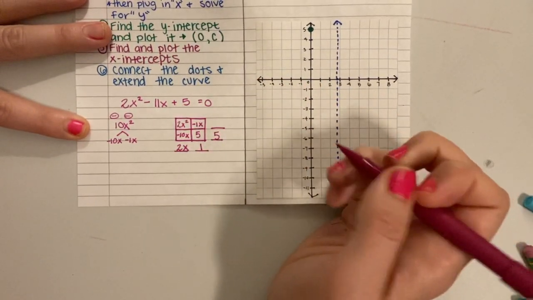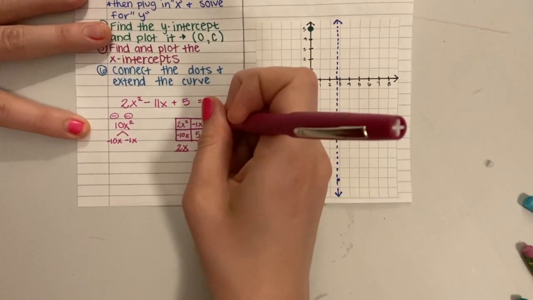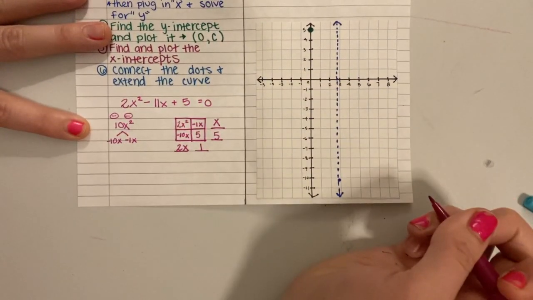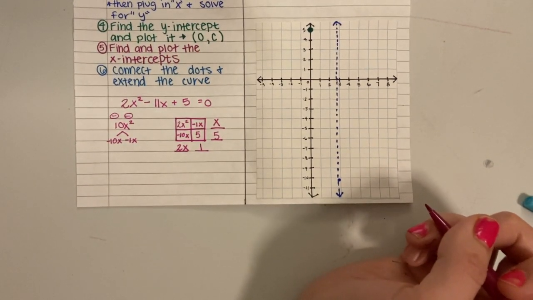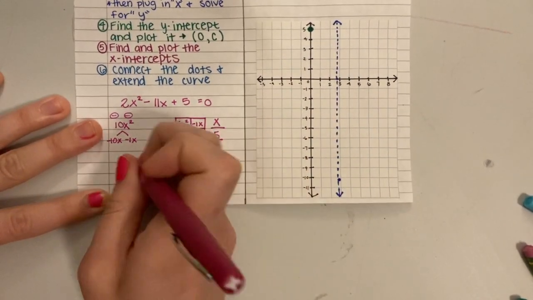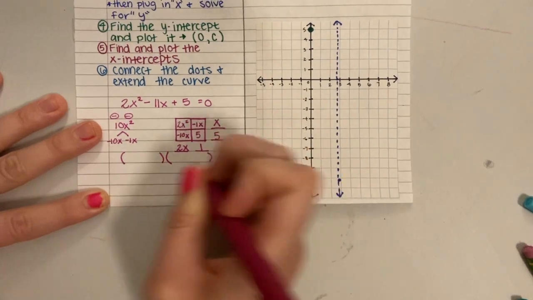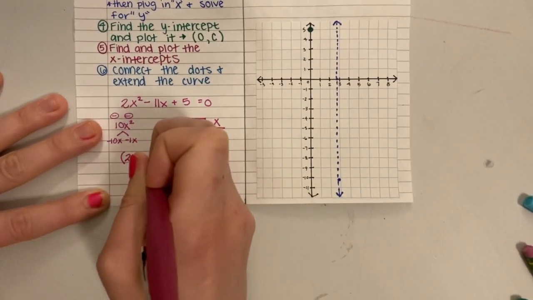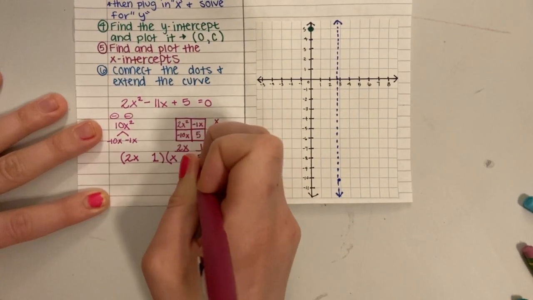And the GCF for 2x squared and negative 1x is just x. I plug into my parentheses. So in my parentheses, I have 2x and 1. And then I have x and 5.